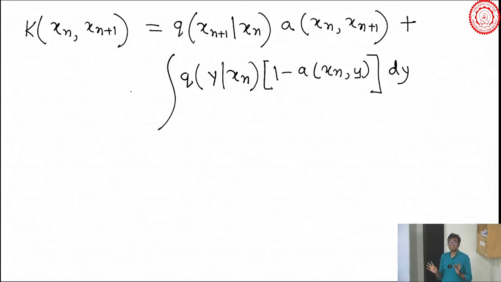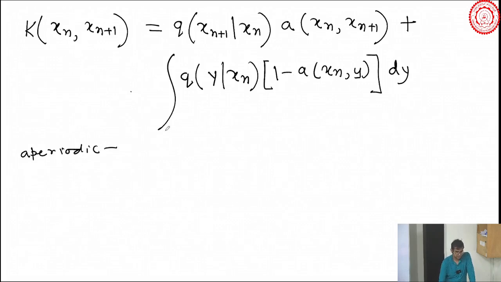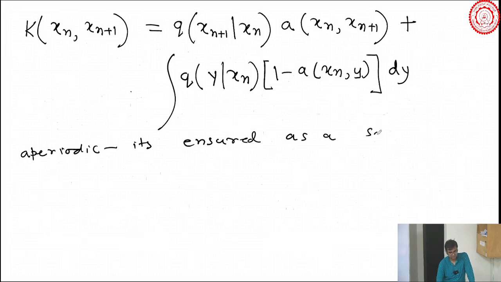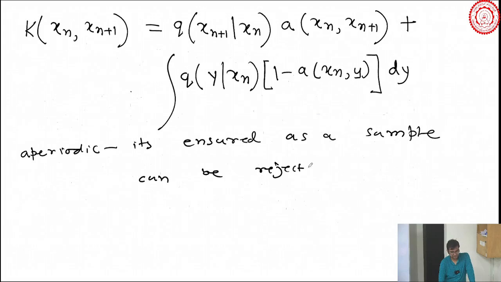How does it satisfy the detailed balance condition? First was aperiodic: it's ensured as a sample can be rejected with finite probability.